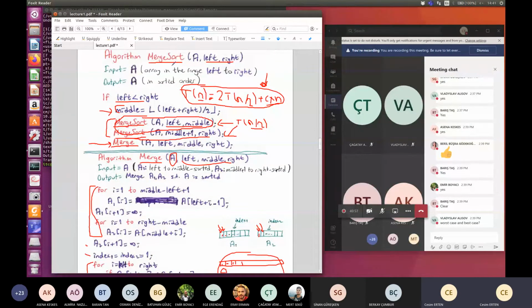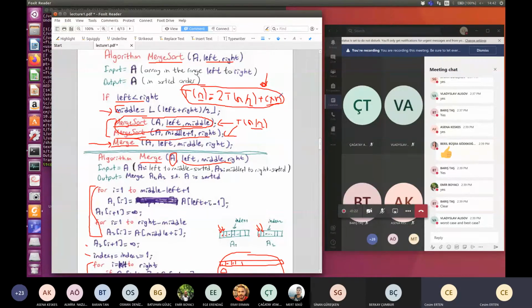which means that the merge sort algorithm doesn't have two separate running time analyses like worst case and best case, which was the case for insertion sort. Unlike insertion sort, merge sort has a single running time, okay, which is described by the recurrence 2 times T of n divided by 2 plus Cn.